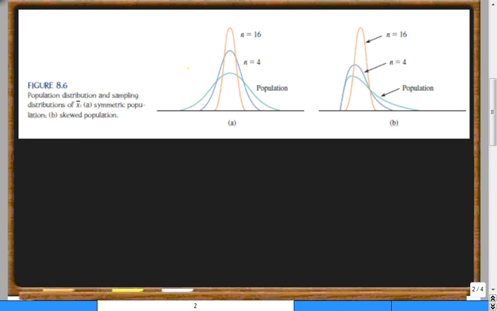Now, this shows the same thing that I was talking about. Here, this wide distribution is our population. As we increase our sample size, our center is the same. Notice that our center is the same for all three of these, and that makes complete sense.